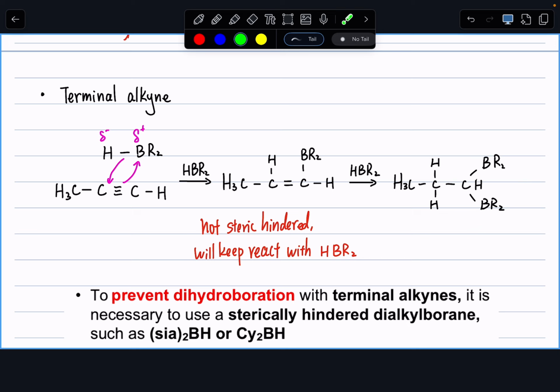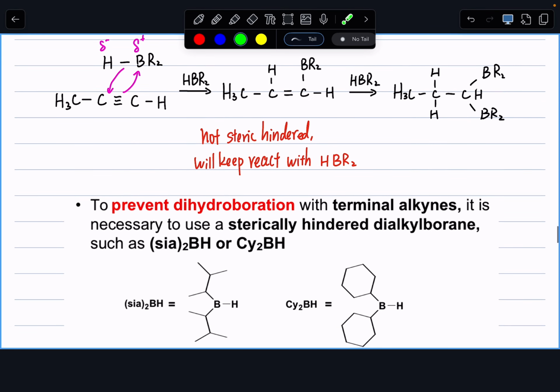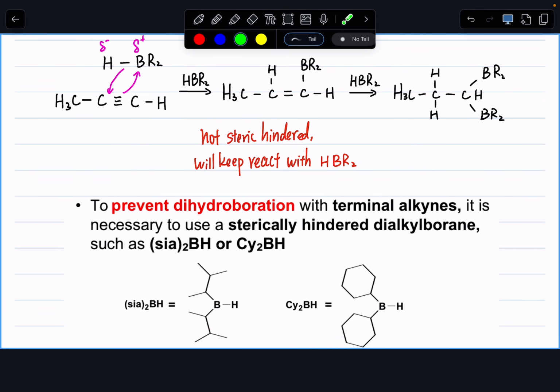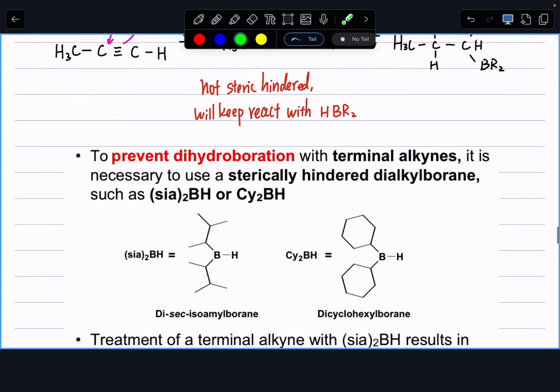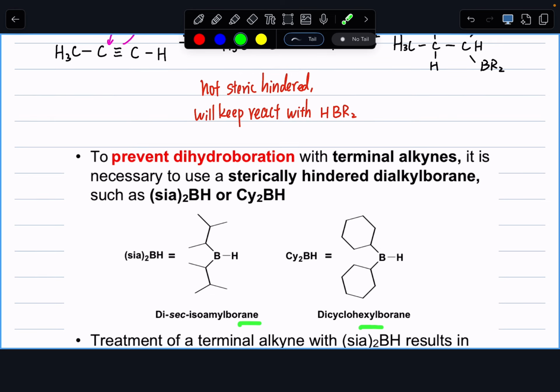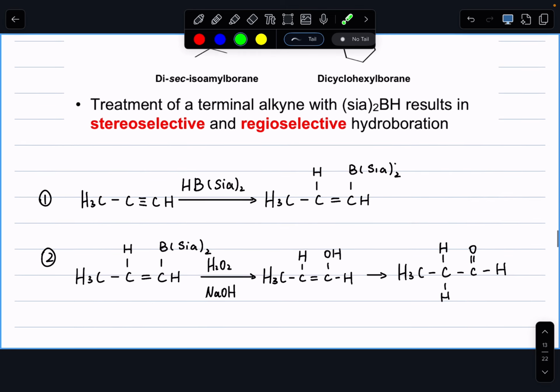So to prevent dihydroboration from taking place with terminal alkynes, you want to use a different substrate. These are two typical boron reagents you can choose from that are sterically hindered and can prevent the dihydroboration from taking place. Or the other way to put it, if I want to end up with an aldehyde, what should I do?